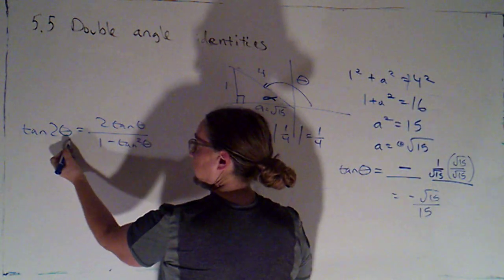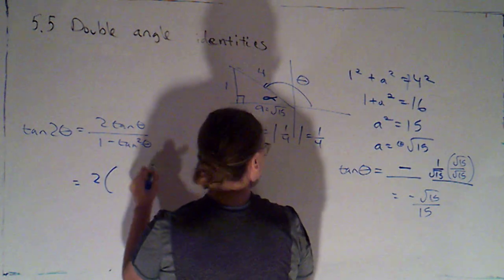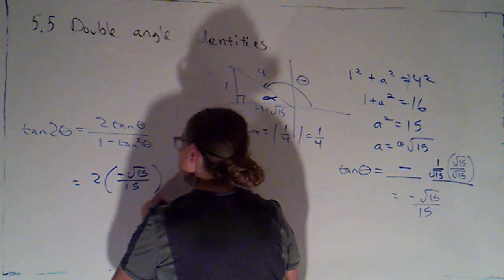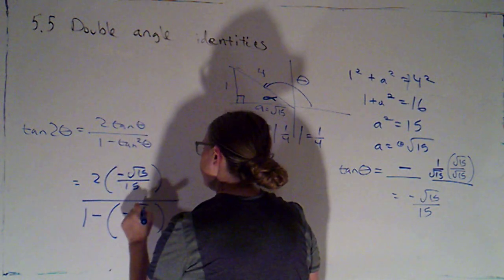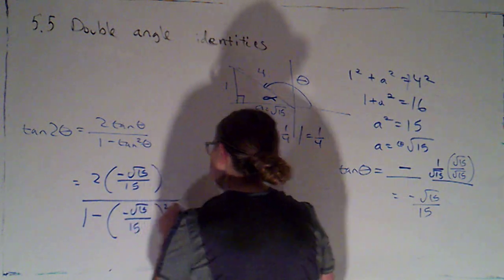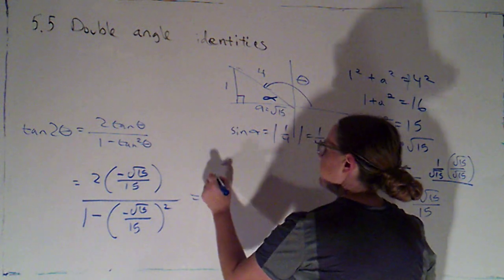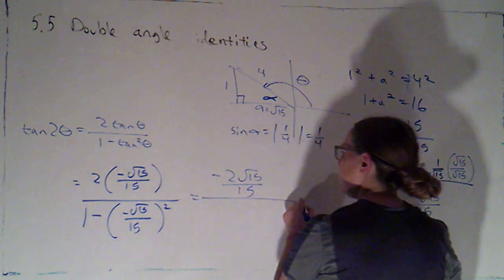So tangent of 2 theta is 2 tan theta over 1 minus tan squared. So that's going to be 2 times negative root 15 over 15 all over 1 minus negative root 15 over 15 squared. So let's see, that's negative 2 root 15 over 15 on the top.